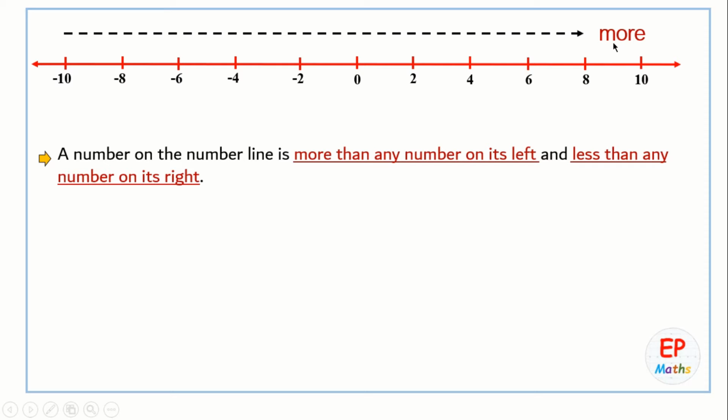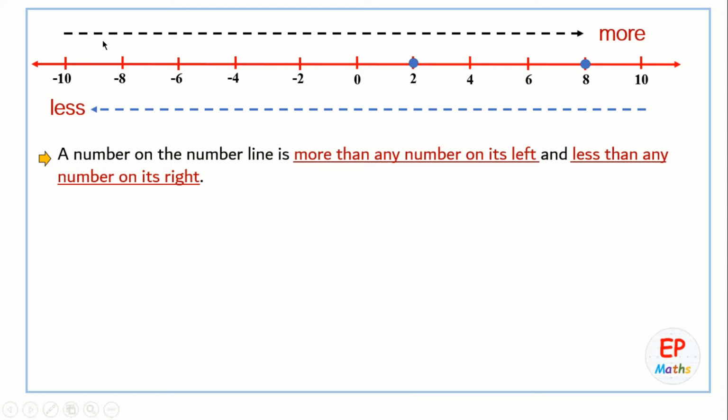In other words, numbers become bigger. But going to the left, numbers become less. In other words, numbers become smaller. Okay? So that is how a number line is organized.